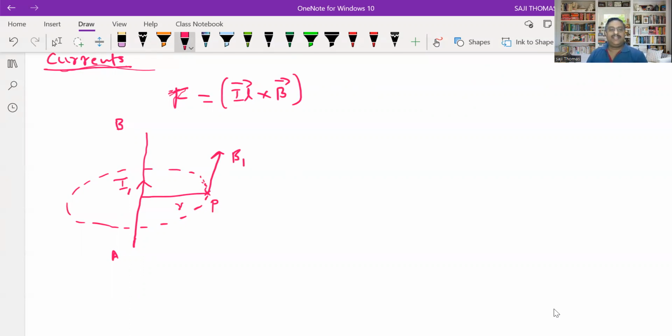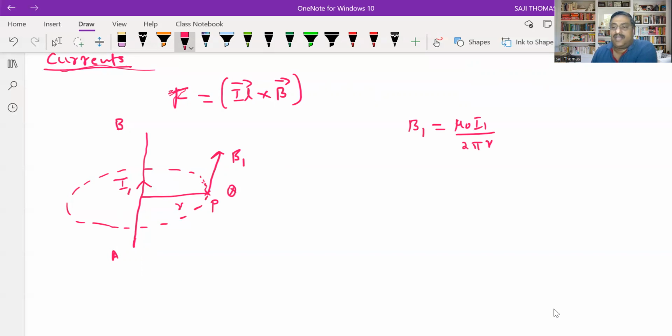So magnetic field is B1, directed into the plane of the paper. And you know the equation for B1. We derived it by application of Ampere's circuital law. The magnetic field near a straight conductor, mu0 I1 by 2 pi R. R is the distance.